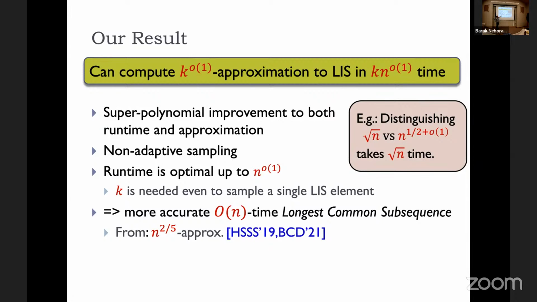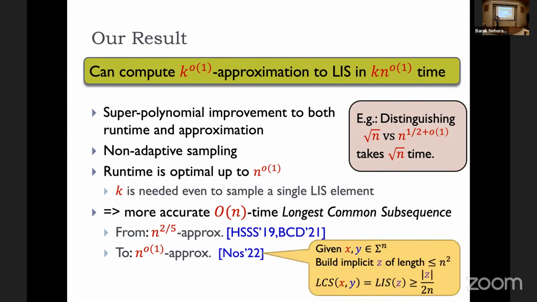The approximation known until recently is n to the 2.5, some polynomial approximation in linear time. This was basically an observation that I just made: one can reduce black box longest common subsequence to sublinear LIS, and whatever approximation you get there for k equals n, you get the same for those things. So this means that we can estimate longest common subsequence in linear time up to subpolynomial approximation.